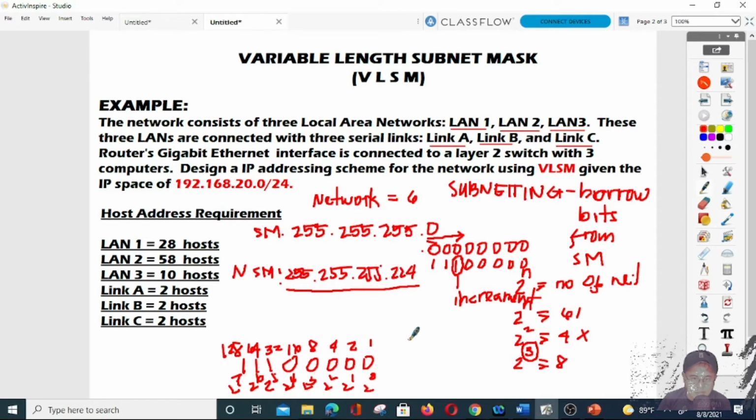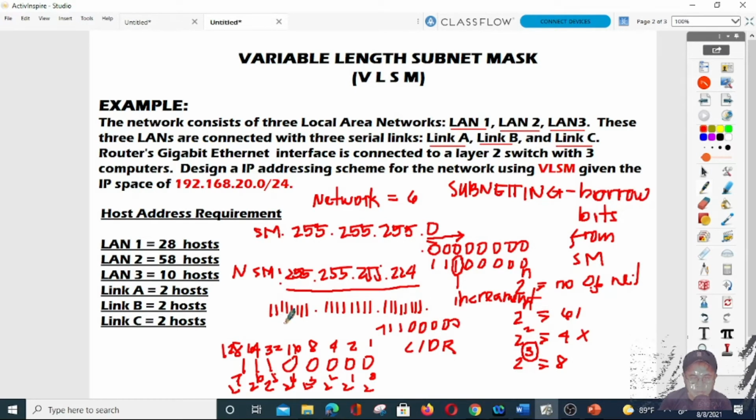Okay, so the equivalent CIDR, or classless interdomain routing, of this, just convert this to binary. We know that 255 is 8 bits, 1, 2, 3, 4, 5, 6, 7, 8, that, 8, and this one, 8.